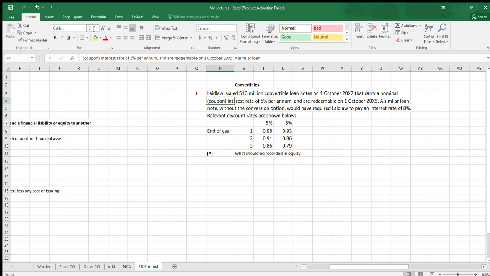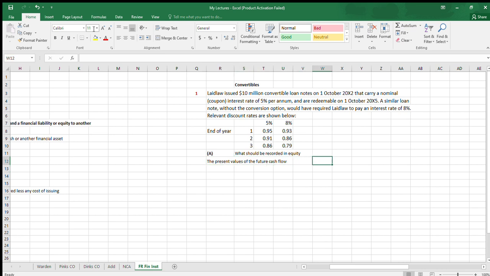In order to solve for convertible, you have to first know the present values of the future cash flow. The present value of the future cash flow.